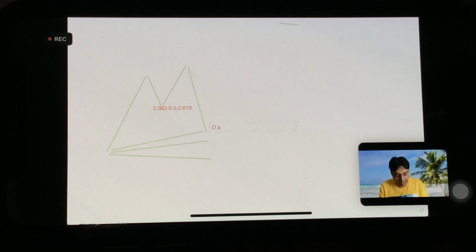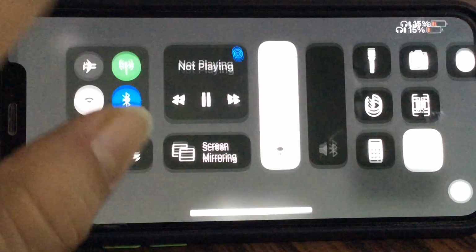So D at 0.786, D at 0.886, D at 1.13. Right? These are the three possibilities.